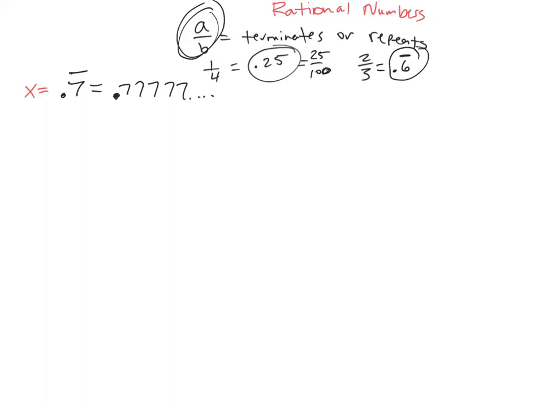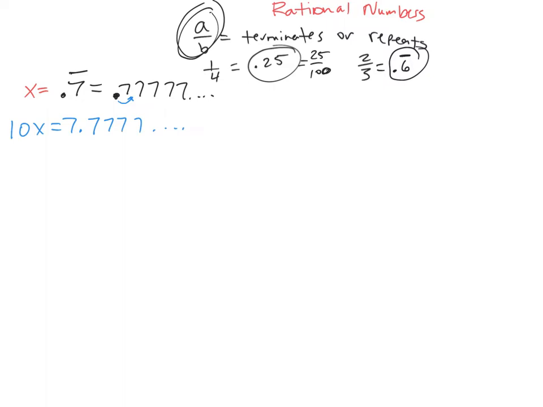In this case, the repeating starts in the tenths, and you'll see why hopefully in a second. So if I multiply x times 10, and x is 0.77777, then I've moved this over one place, and now I have 7.7777 repeating forever, okay?